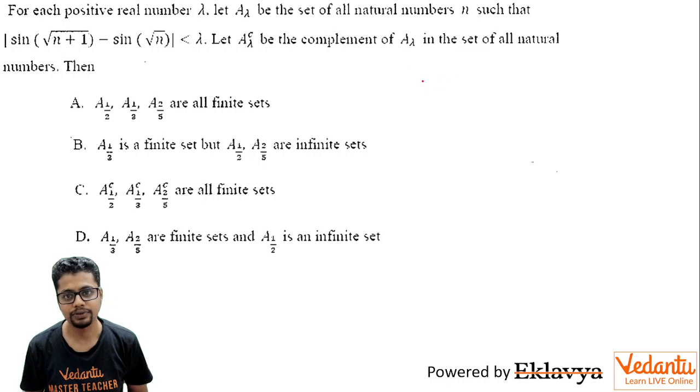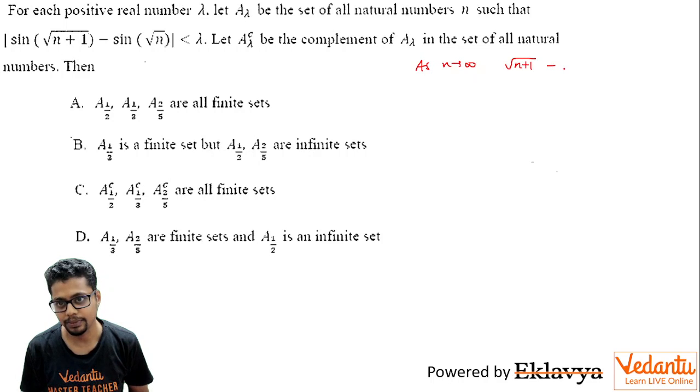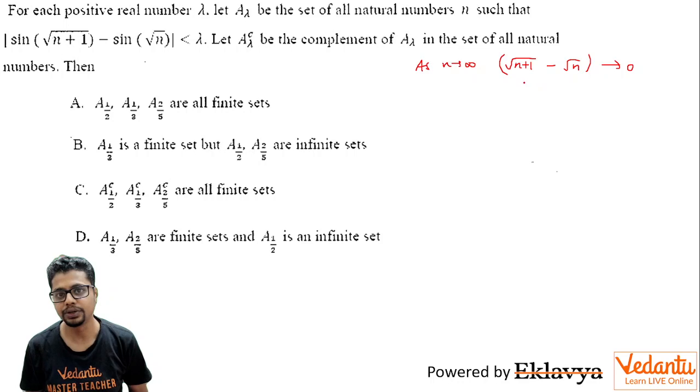So here first of all we can observe that as n tends to infinity, root n plus 1 minus root n would tend to 0. Either you can reach this conclusion intuitively, because as you increase n, this expression keeps on decreasing, and as n tends to infinity it will tend to 0.